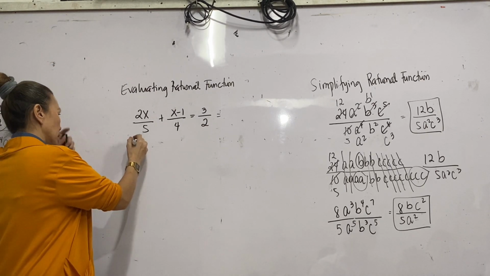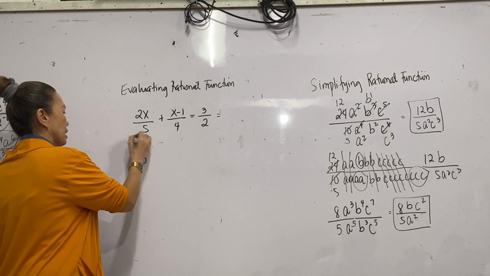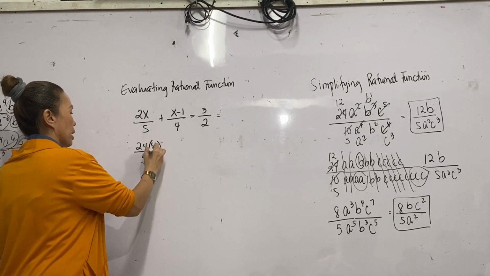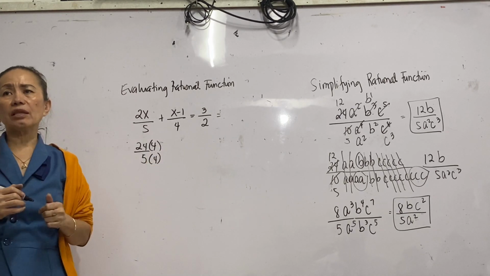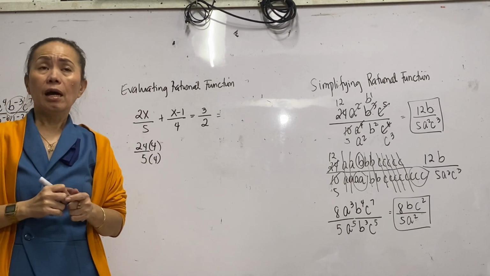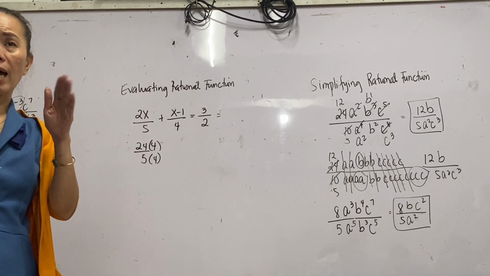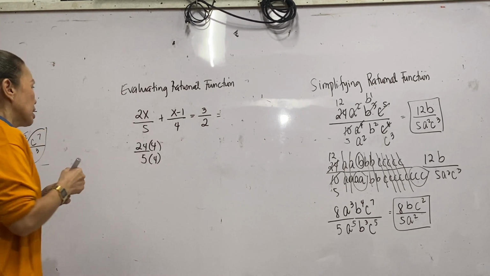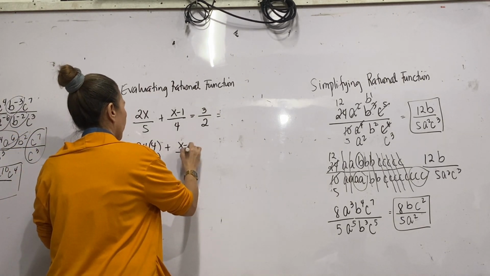So, we have here 2x over 5. Multiply natin sa 4. Up and down. Our target is to make our denominator equal to 20. Pero kung anong ginawa mo sa baba, ganun din ang gagawin mo sa taas. Then ito, plus x minus 1 over 4.